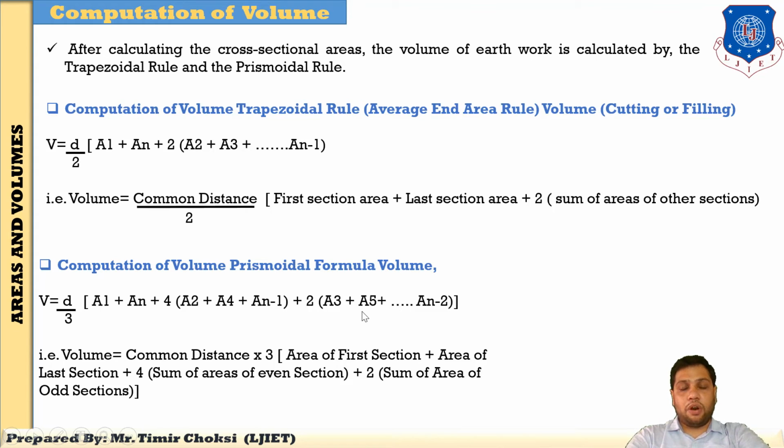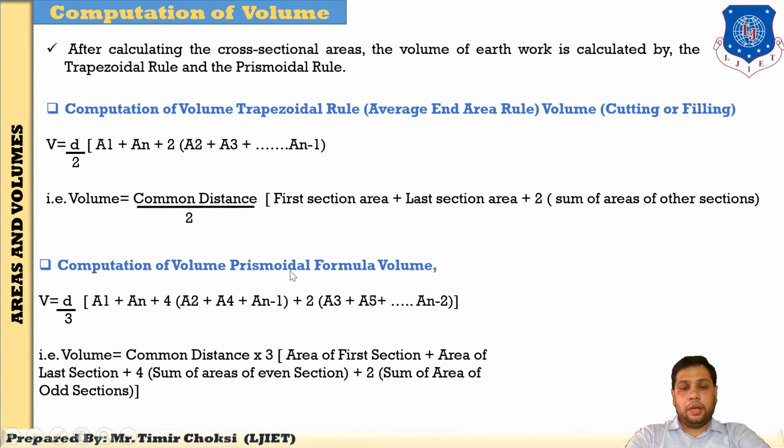But here you do not use ordinates, you use the section areas, so please do not make this mistake. This is the volume portion. So when finding the volume, use the area of the first section plus area of the last section plus 4 in bracket area of the even sections plus 2 in bracket area of the odd sections. These are the two important formulas for the volume.